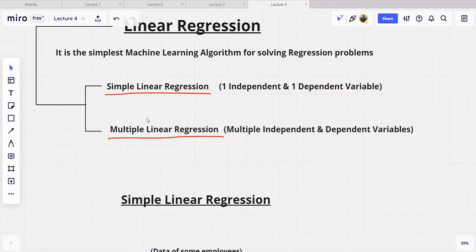It's better that you look at it after you have understood neural networks, because in neural networks we use a lot of matrix multiplication, and it becomes very easy to understand multiple linear regression afterwards. Also, it is very easy to explain the fundamentals using simple linear regression. So let's get started with simple linear regression.